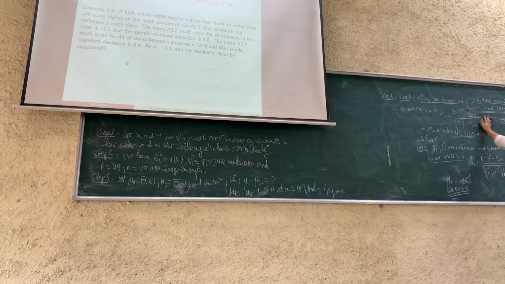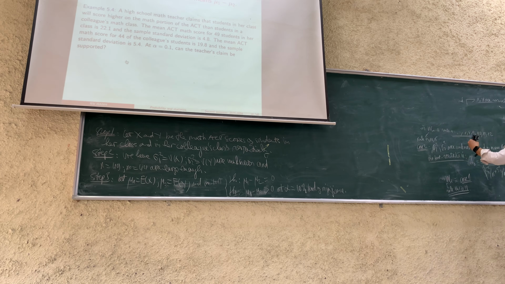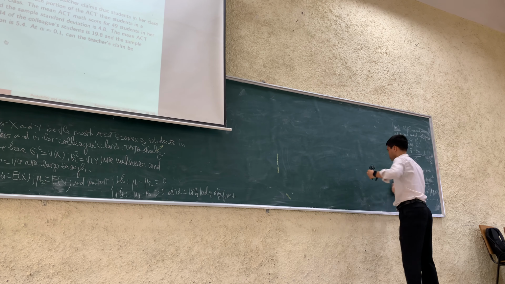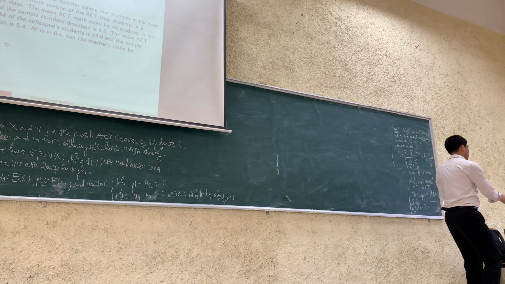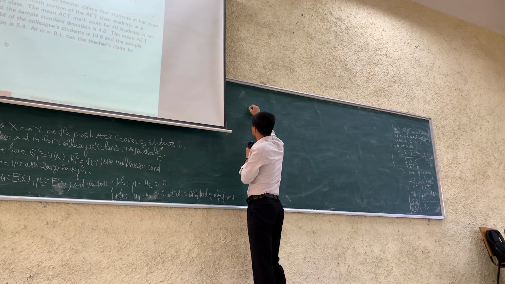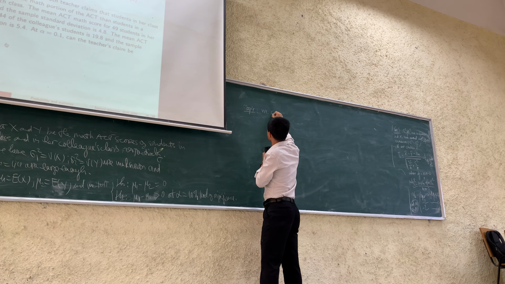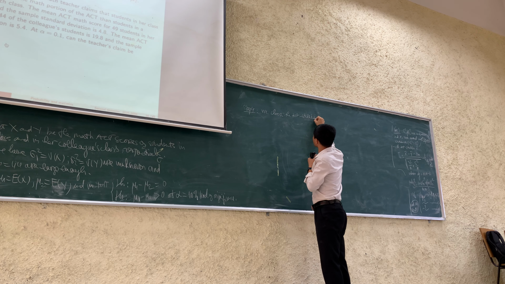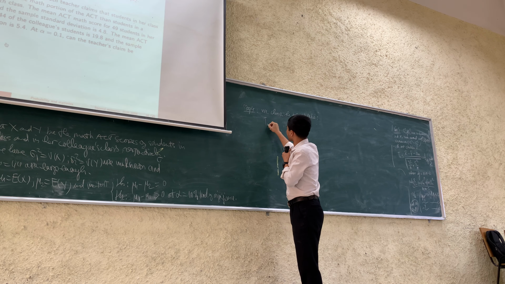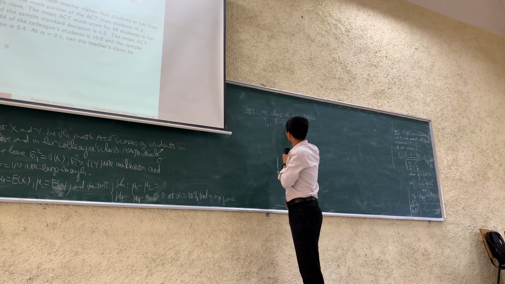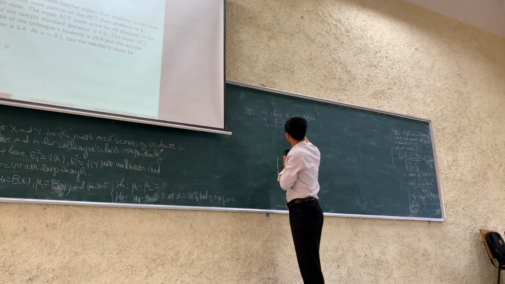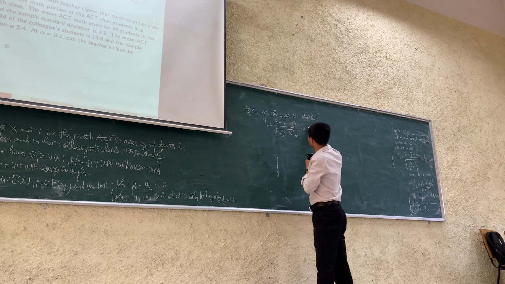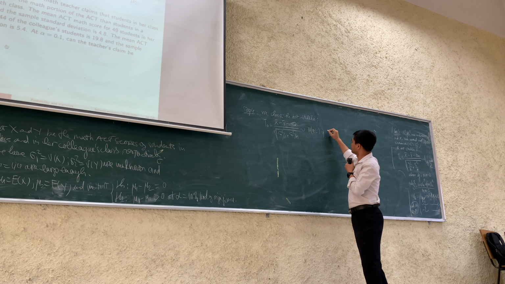What is the next step? Before we compute, what is the test statistic for this case? The test statistic is T equals X bar minus Y bar minus delta naught, where delta naught is 0, divided by the square root of s1 squared over n plus s2 squared over m, which follows approximately N(0,1) if H0 is true.